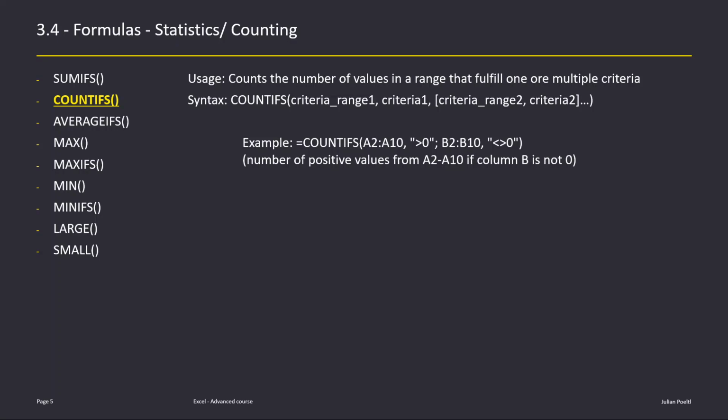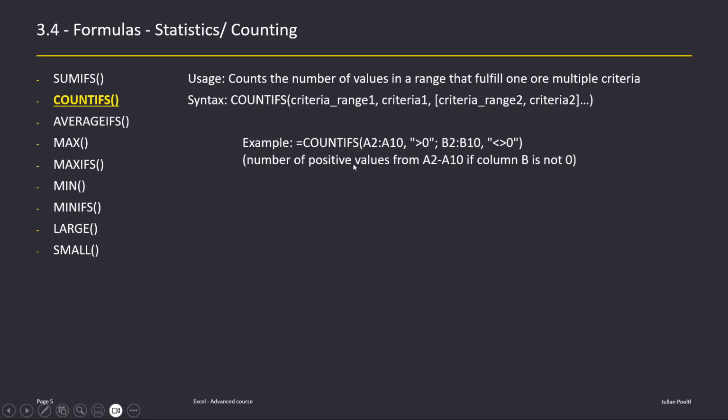The COUNTIFS function works basically the same, but instead of summing, it counts only the cells where the criteria were fulfilled. For example, here count the positive values in a different range where another value isn't 0.